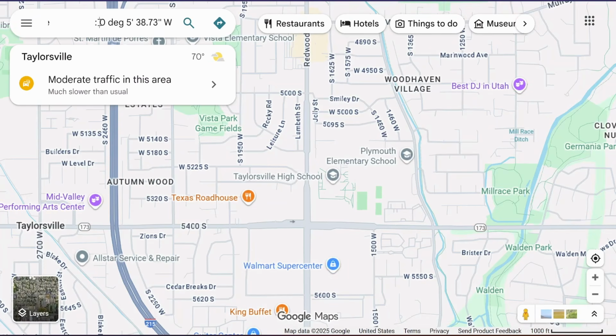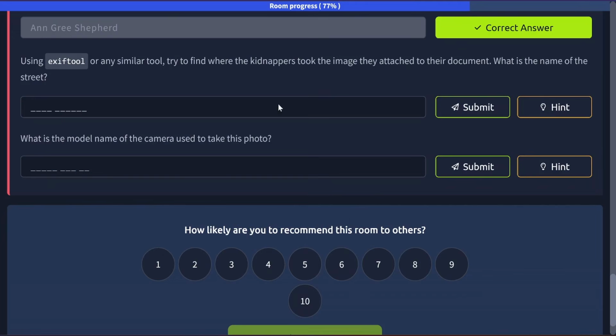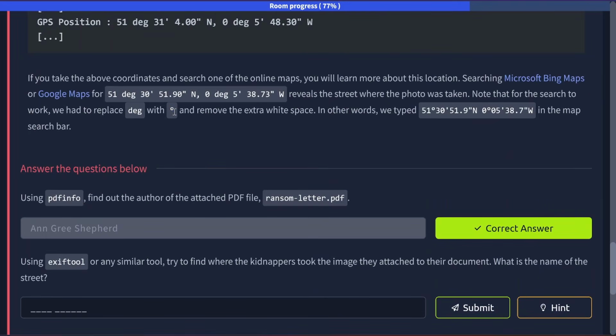I'm going to paste both of those in here. And then I got to clean this up, right? We got to get rid of some of this stuff. And they told us when we do this, what did they tell us? They gave us tips. I know this degree has to be turned into this symbol.